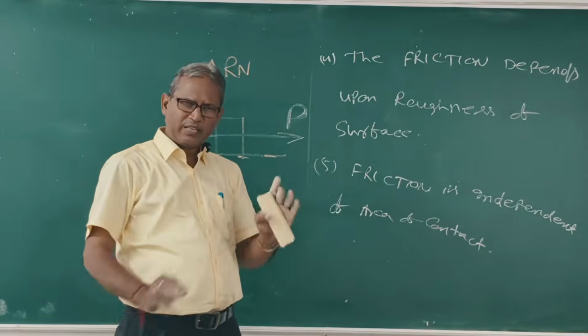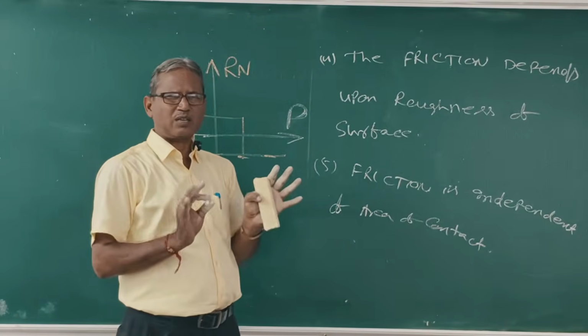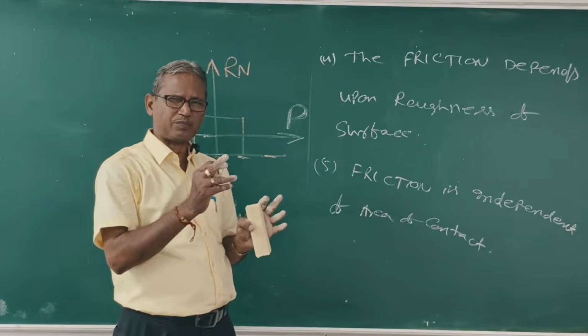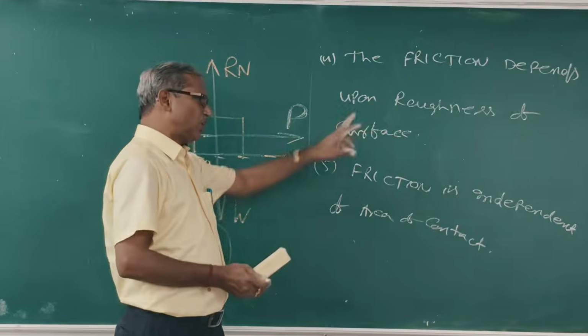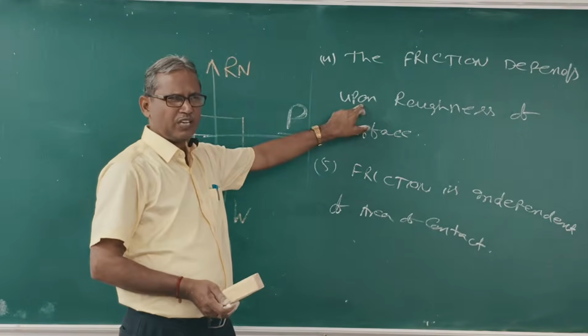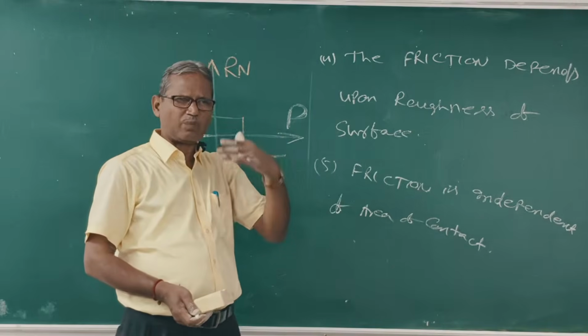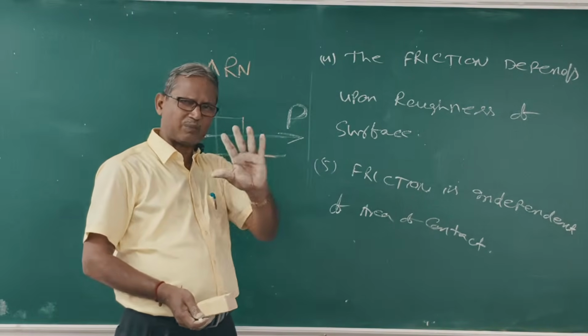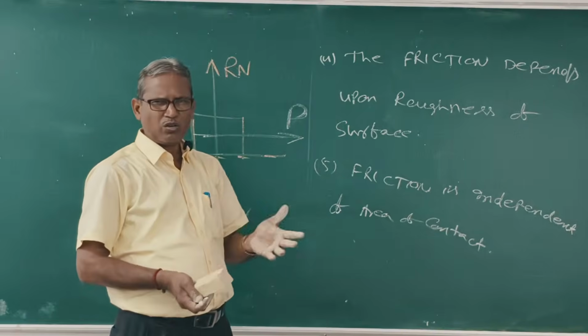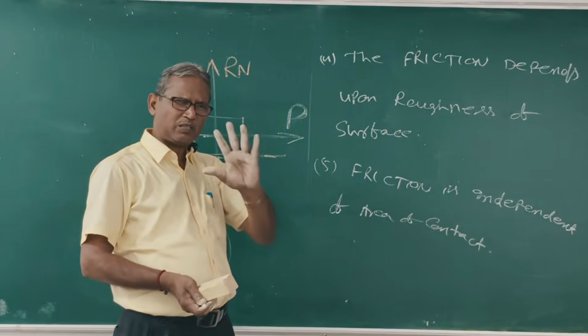The area may be small or large, but the frictional force is the same. It only depends upon roughness. If the surface is smooth, whether the area is small or big, the friction will be less. If roughness is more, the area may be small or large, the friction is more. Clear?